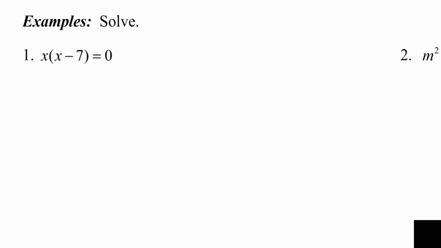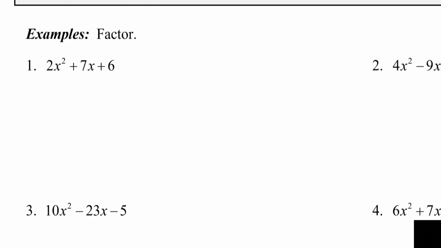So in example 1, notice it says solve. Those are our instructions. And notice that in example 1, we do have an equation. I want to show you that that's different to what we've been working on in our past videos. Up till now, you will have seen problems like this where it says factor. And notice that we have a polynomial, but it's not an equation. Do you see that? It's not set equal to anything. It is just terms.